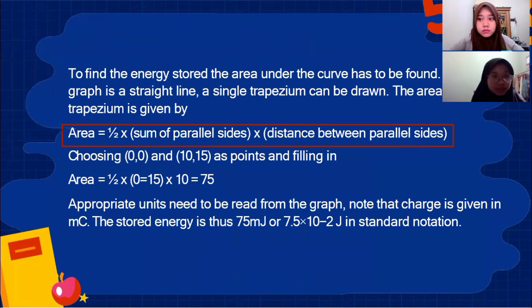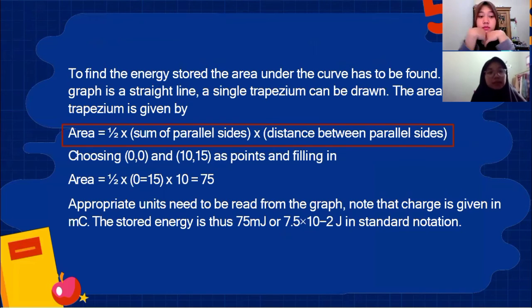1/2 times the sum of parallel sides times the distance between parallel sides. So from the graph, we choose 0.0 and 10.15 as points and fill in the area. We just fill it into this formula.